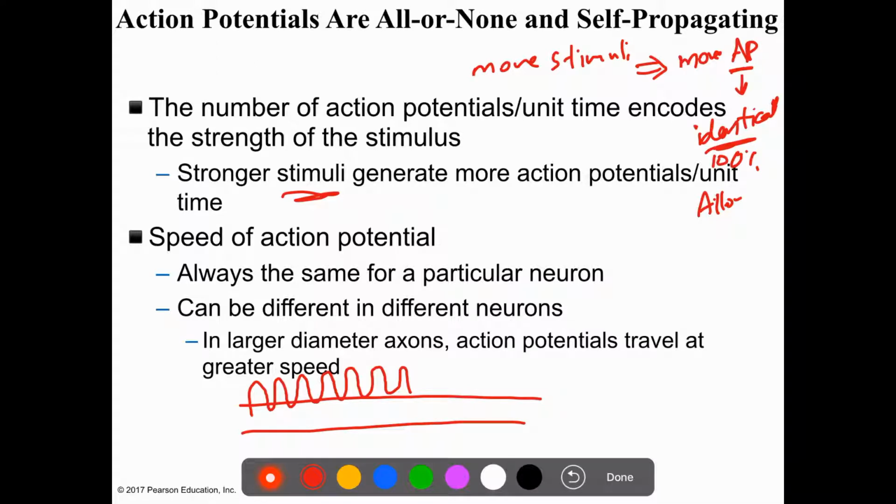But if we are comparing two neurons, we might have different speeds of action potentials. Usually, larger diameters of neurons will have faster action potentials, whereas smaller ones will have slower action potentials.